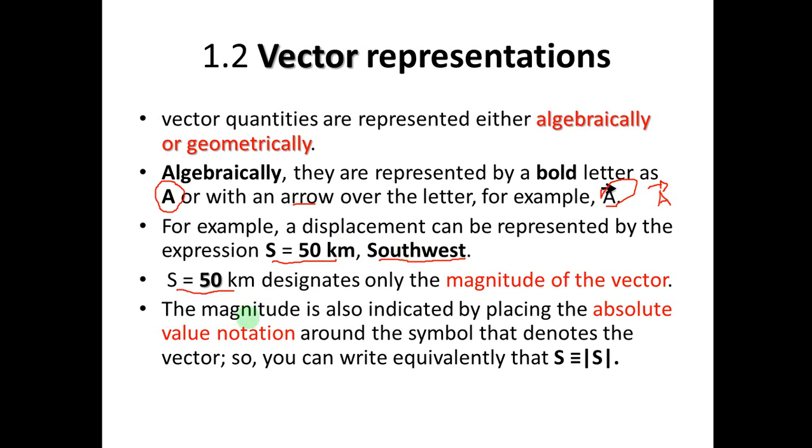Here, the magnitude is also indicated by placing the absolute value notation around the symbol that denotes the vector. So you can write equivalently S equivalent to absolute value of S. When I write S within an absolute value, it represents magnitude.